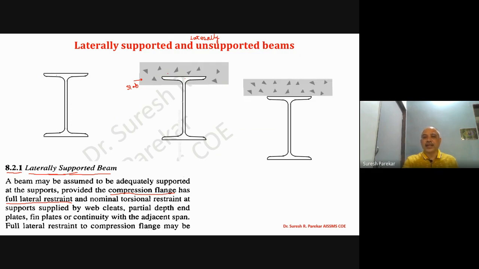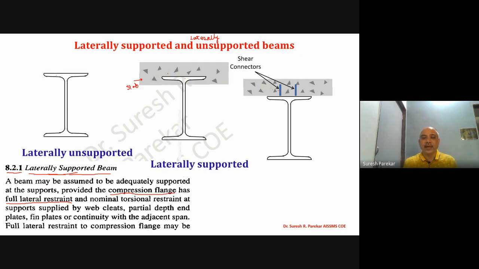You can have another in this fashion. We have this beam flange, and above this we have the slab, and we make a monolithic connection between the two by using shear connectors. If we have shear connectors, then that is laterally supported. As I already mentioned, the first is laterally unsupported, and these two are laterally supported, where the compression flange is prevented from deforming laterally, or we can say we have full restraint for the compression flange.